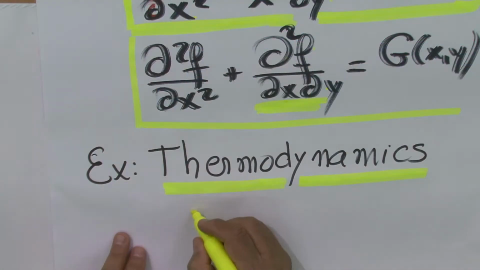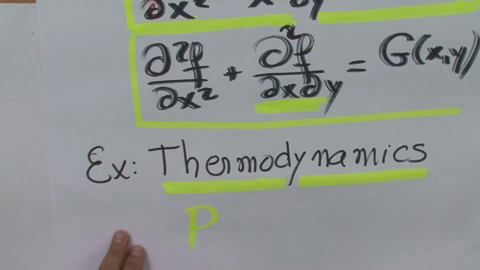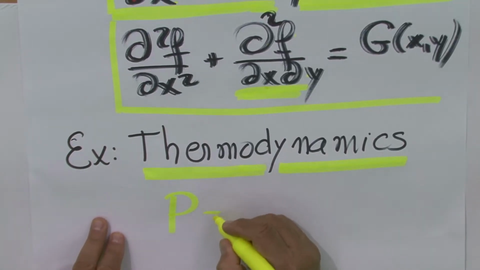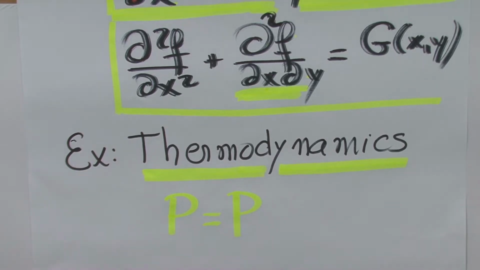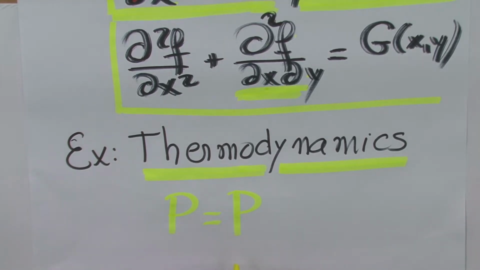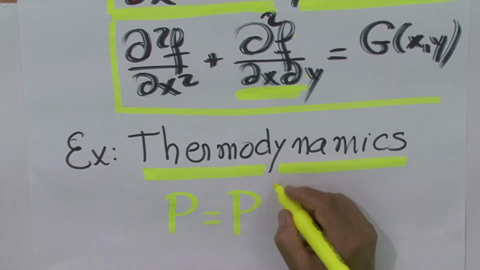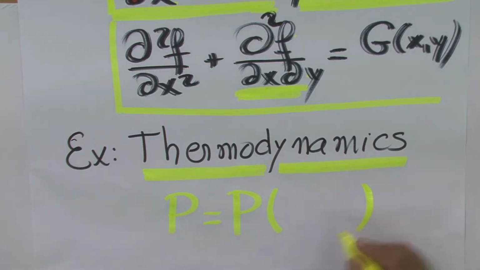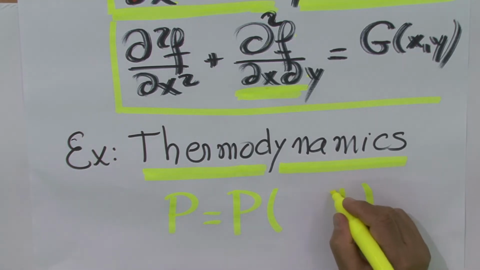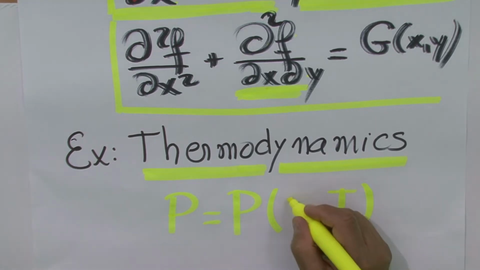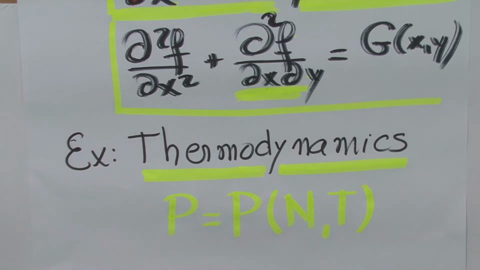And in thermodynamics, it's very common that we have such type of functions, like the pressure of a gas. It's depending on what? What's the dependence of a gas? It's depending on how many variables? We know that it's depending on temperature. But is that all? No, it depends on the number of particles in your gas.